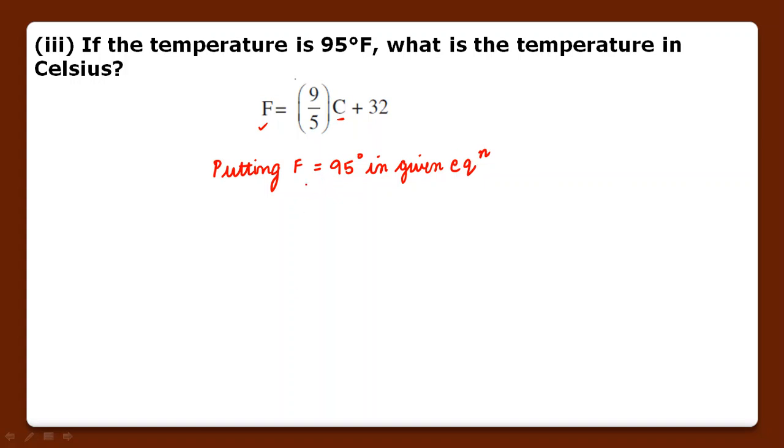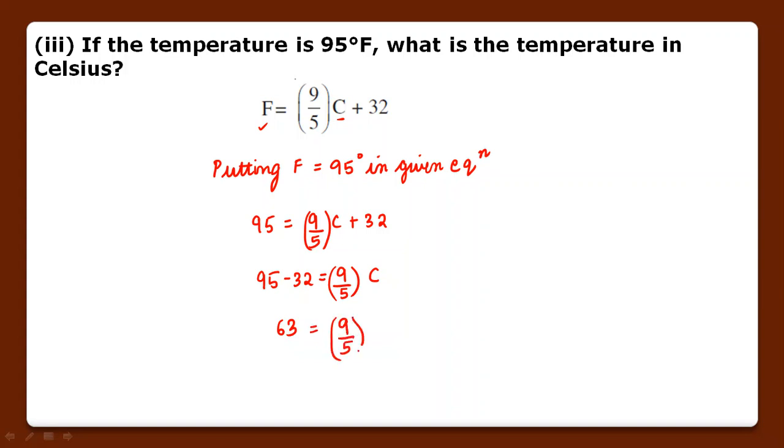So 95 equals 9 upon 5 into C plus 32. This plus 32 will go to the other side as minus. 95 minus 32 equals 9 upon 5 into C. 95 minus 32 is 63. So 63 equals 9 upon 5 into C.